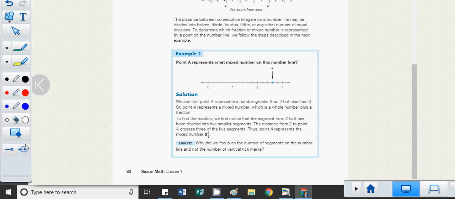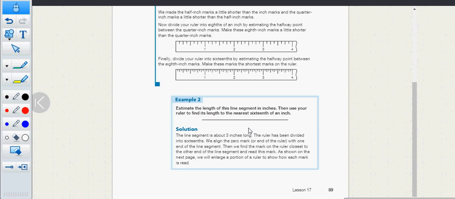Like I said, this is like an inch ruler where you don't just have 1 inch, 2 inch, 3 inch, but to be more exact, you use things like 16ths, little tiny divider segments between the wholes. So to estimate the length of this line segment in inches, you'd use your ruler, find the length, and get it as close to a 16th, which is probably pretty exact.